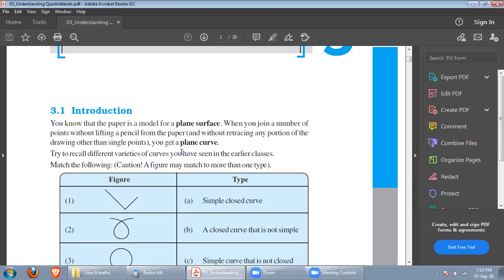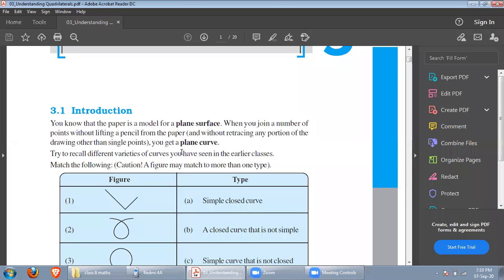If something is behind or in front, then we require the z axis to describe the point, because it is not on the plane whiteboard surface. So in a plane surface, there will be no upward or downward contour. So you know that a paper is a model for a plane surface.